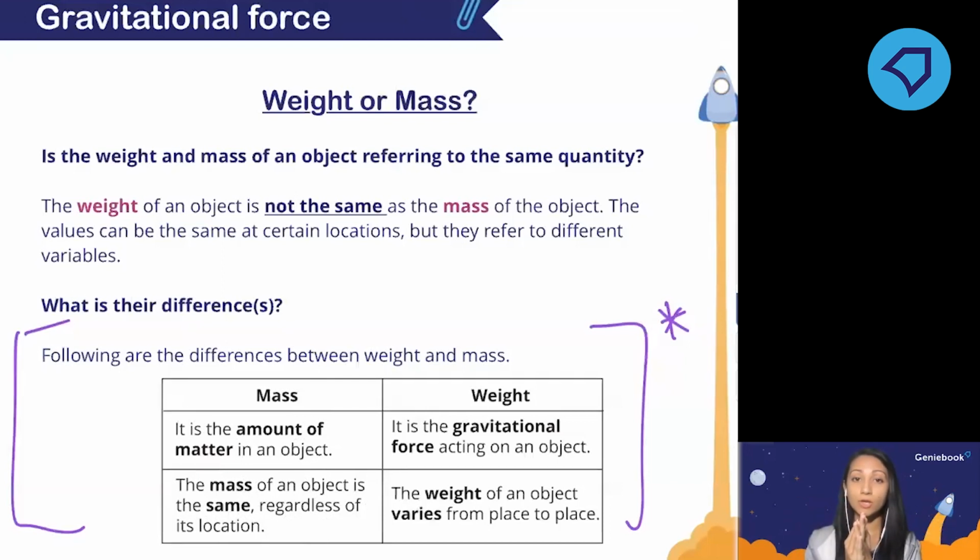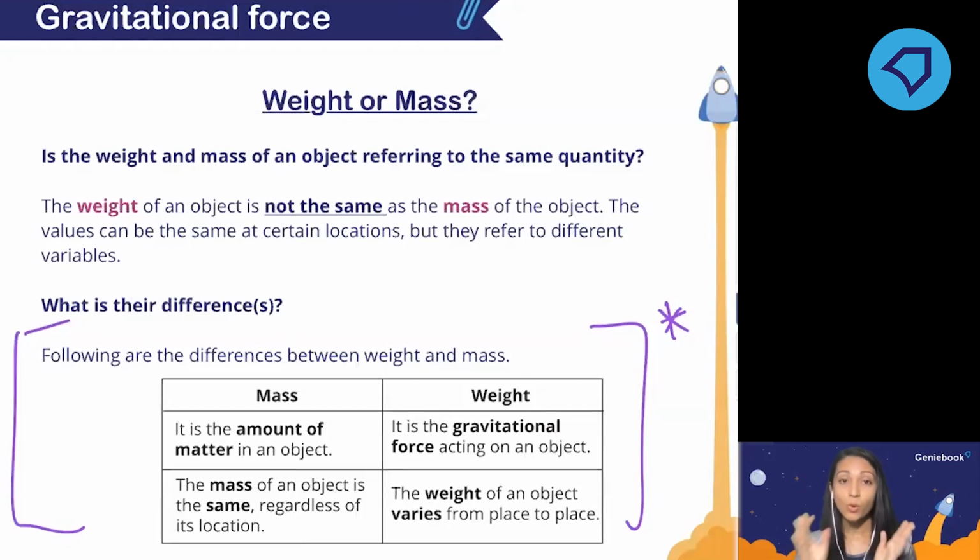If the basketball is 1 kilogram, it will remain 1 kilogram even if you send it to the moon or outer space. The mass will not change, the ball will not shrink or expand, it will remain the same size, same mass. So the mass would be the same anywhere you put the object, correct?